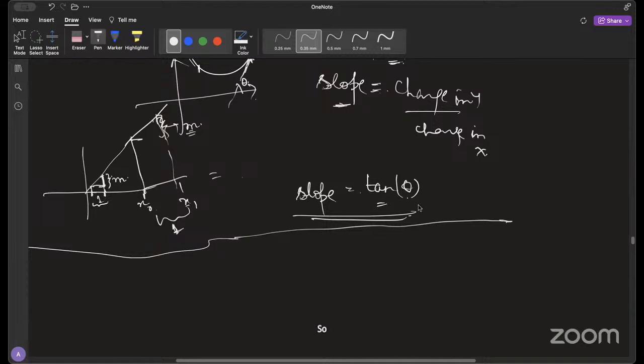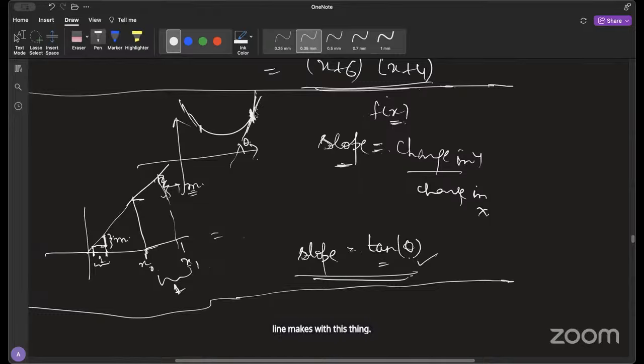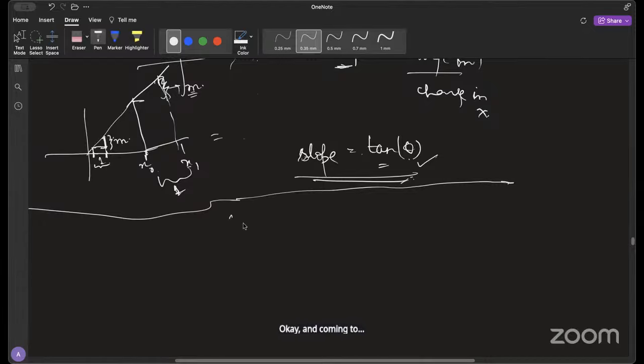So the other way to define the slope is tan of theta. Theta is the angle that this line makes, the line that passes through this point and touches this curve at only this point. Okay, and coming to the quadratic formula.